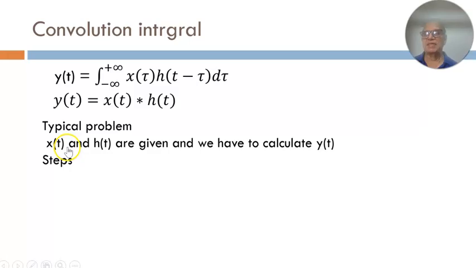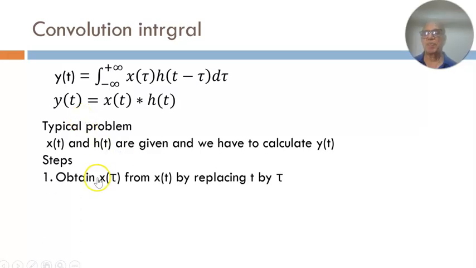As I said, x(t) and h(t) are given and we have to calculate y(t). So first obtain x(tau) from x(t) by replacing t by tau, because we want this. All we have to do is, since x(t) as a function of time is given to us, we simply replace t by tau and plot this.